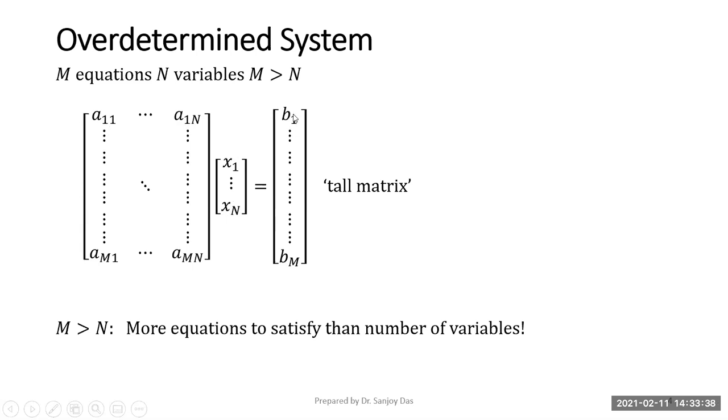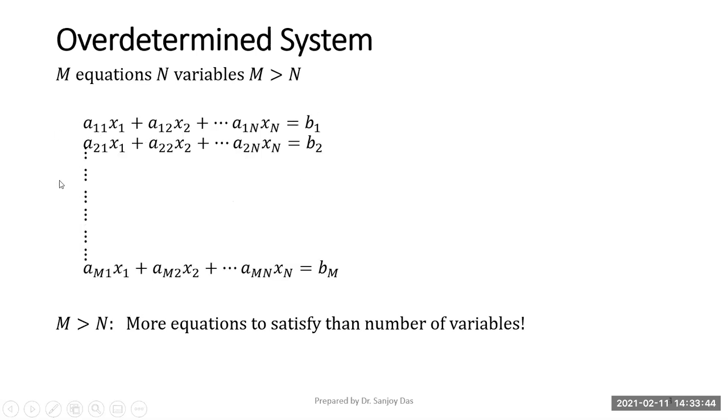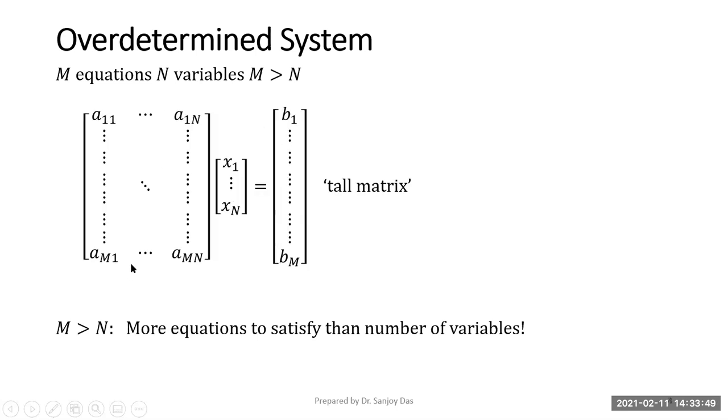And on the right-hand side, we have b1 until bm. It's the same system of equations expressed in this form. And now we have more equations to satisfy than the number of variables. So m is more than n.